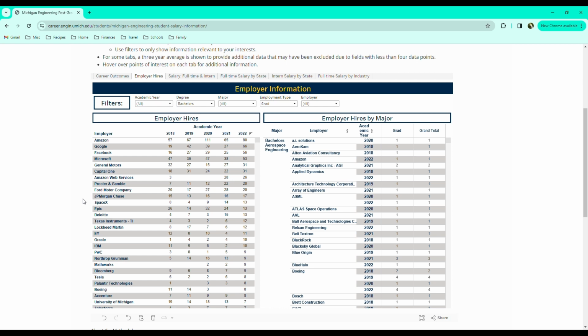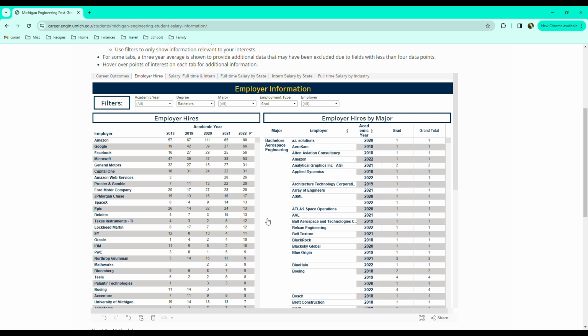A good way of just looking at this and saying, okay, if I really wanted to go work for SpaceX or Tesla or Boeing, are they someone that's going to be recruiting on campus? So looking at this data, I'd say absolutely, these first 10 companies are going to be there hiring grads and looking for people. So that's a really positive thing.